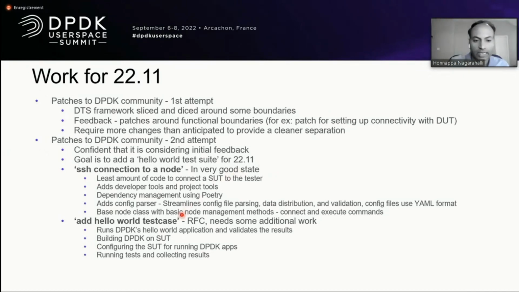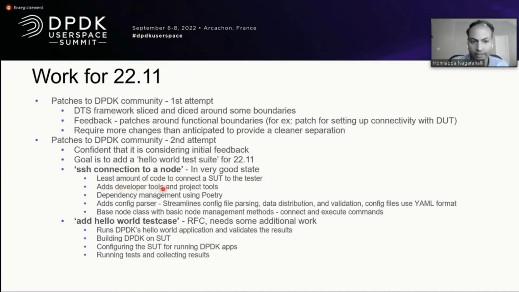Okay, so currently in the community, there are two patch series. One is the SSH connection series. This has the least amount of code to connect to the SUT. I'm just talking about the highlights of these patches, but you can always go to the patchwork and look at these two patch series. As part of the SSH connection patch series, we are adding some developer tools and project tools.